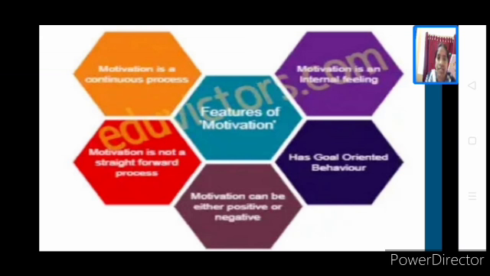Once the drive, that is the urge to do something, is created, it leads to selection of behavior. Once you adopt a particular type of behavior, then it leads to what? Satisfaction. Once you are satisfied, your stress will be reduced, and you will reach a stage of no frustration.